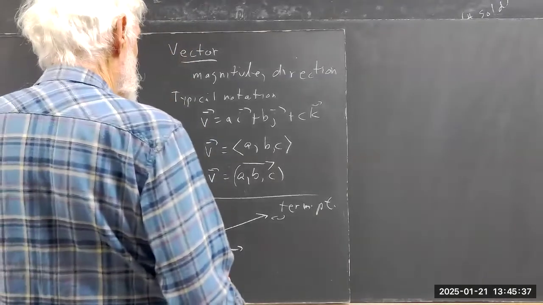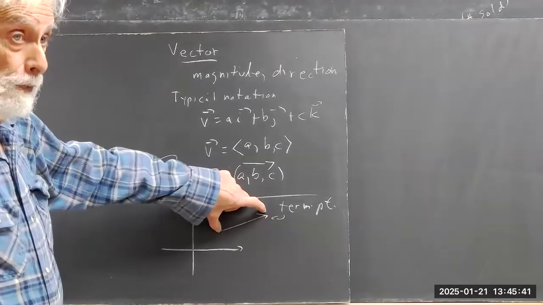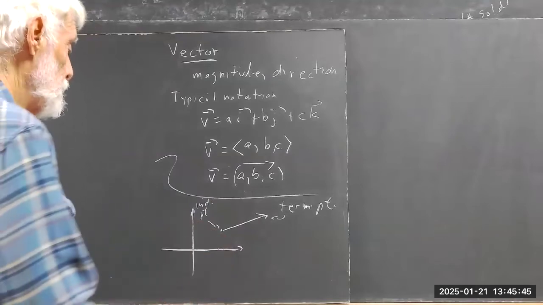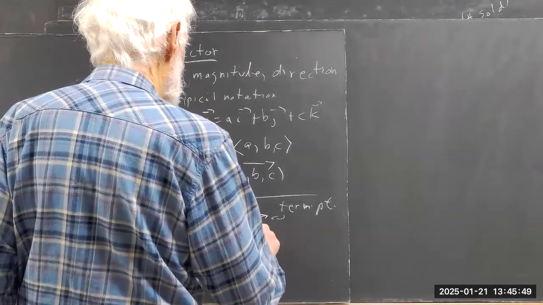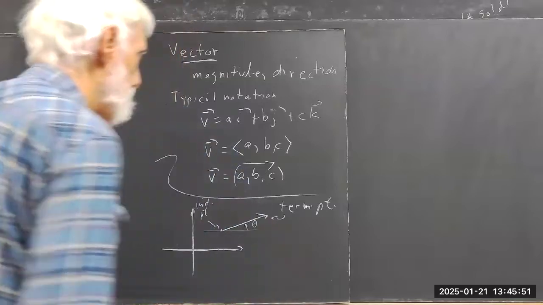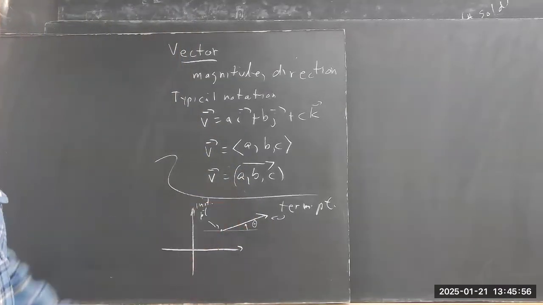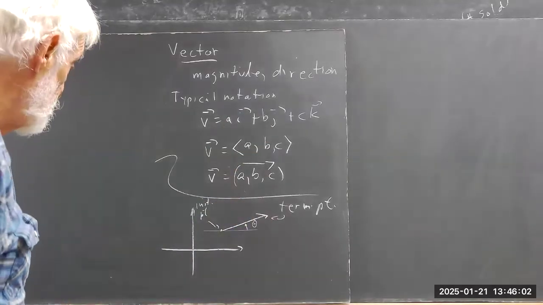And the magnitude, when you draw a picture, the magnitude is like the length. Okay. And the angle is measured relative to the positive x-axis, to the direction of the positive x-axis. Okay.